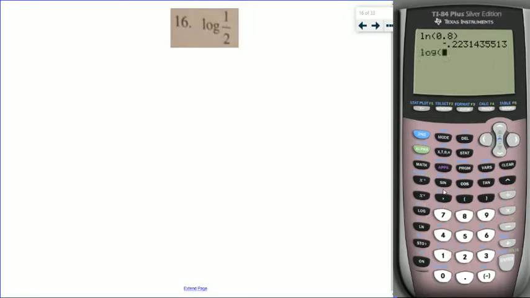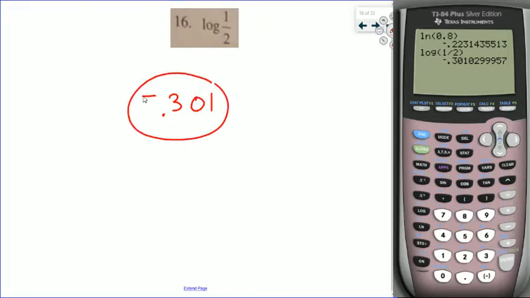Log base 10 of 1/2 gives us a decimal. Let's again round to 3 decimal places. It's going to be negative 0.301, and that is our answer. We just put that into the calculator and get an answer out.